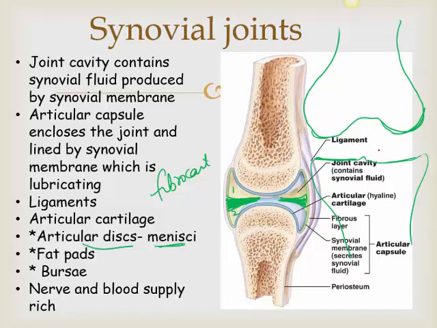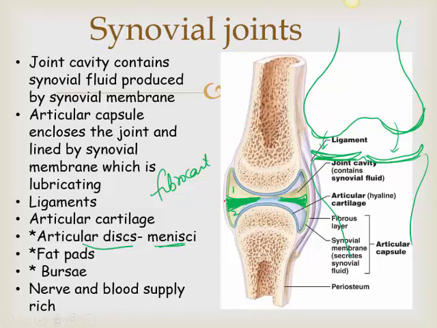You want to round up the lower end so that it can receive this rounded end of the femur. So here if we had an articular disc present which was like this, can you see how it's going to deepen the socket? And it's going to facilitate this articulating much better. So therefore we find these fibrocartilaginous discs in joints where they help to make the two bones articulate better.